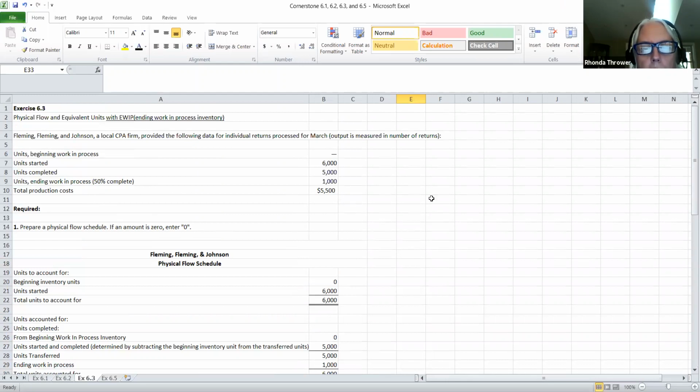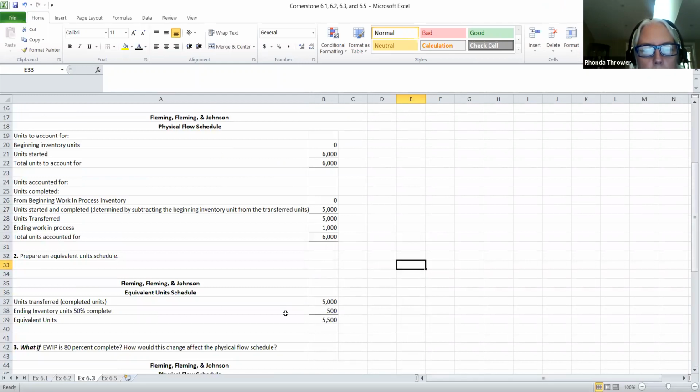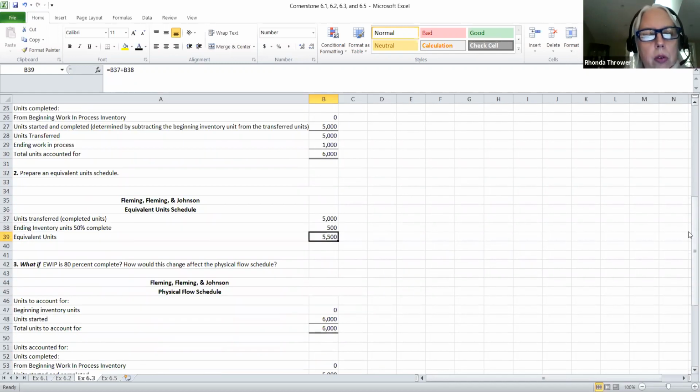So 50% of 1,000 is my equivalent units of ending inventory. That's this figure right here. If I add what I transferred out plus my ending inventory units, my total equivalent units, or the total units that could have been finished or were finished during that period of time, is 5,500 units.